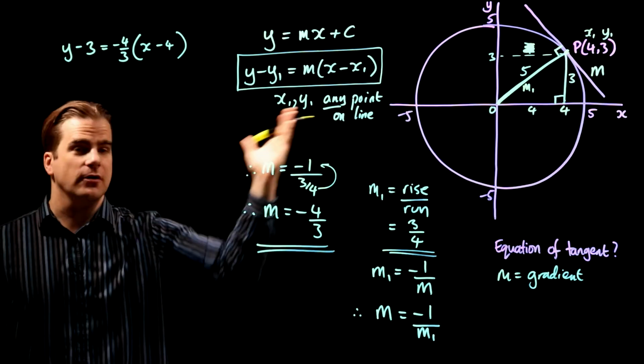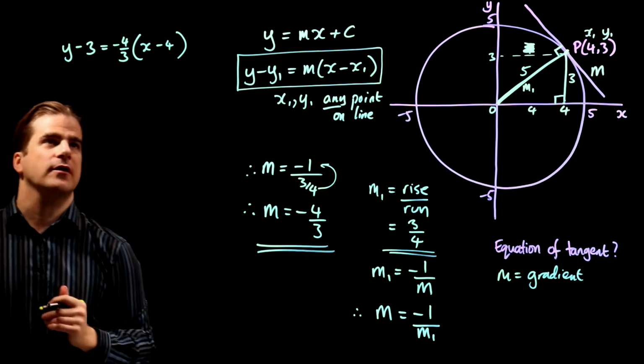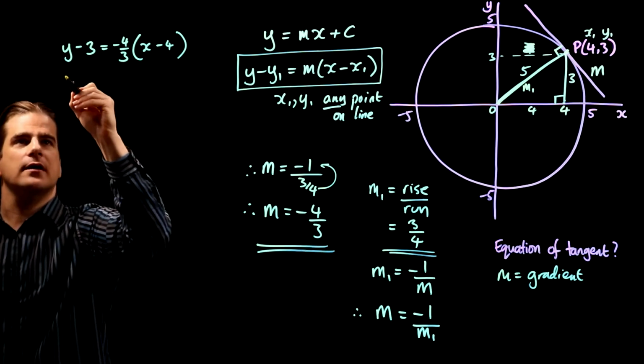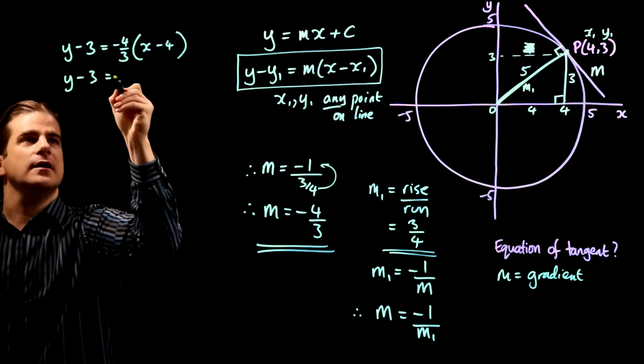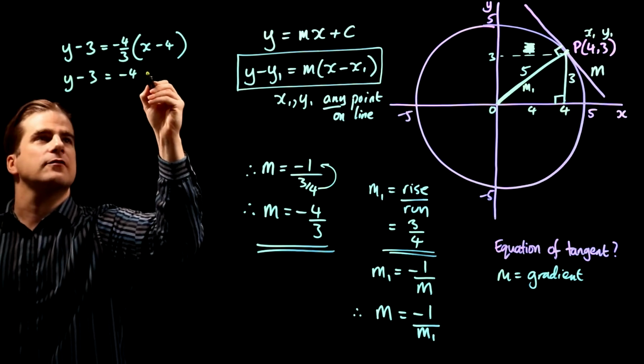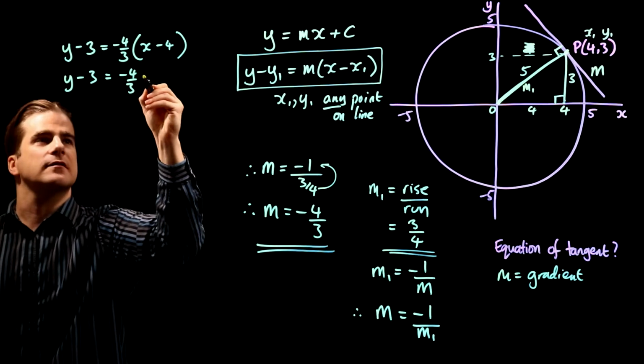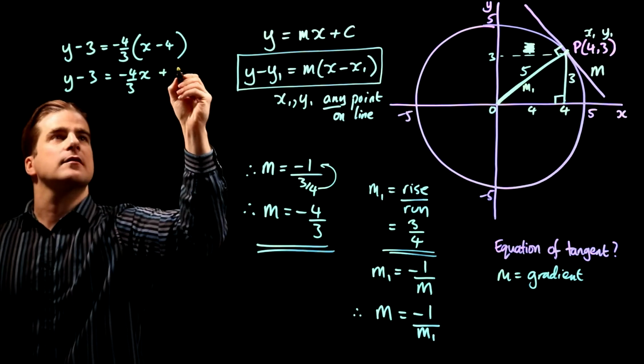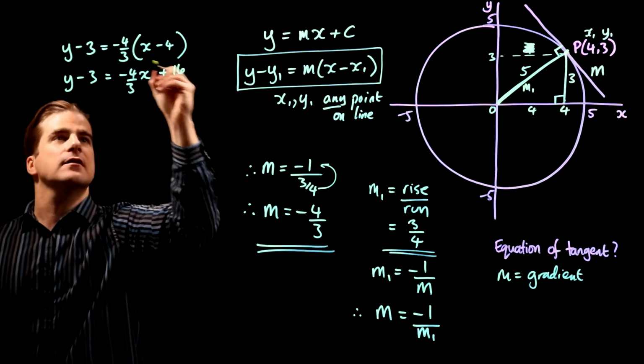We've been handed the point 4,3. Okay, multiply out the bracket. Y minus 3 equals minus 4/3 x. Minus 4 times minus 4 is plus 16 over 3.